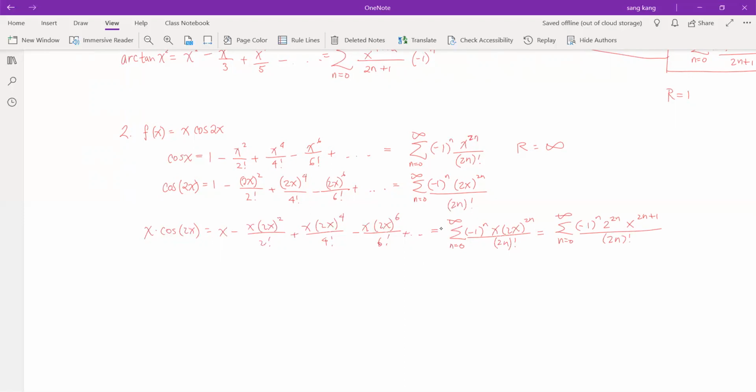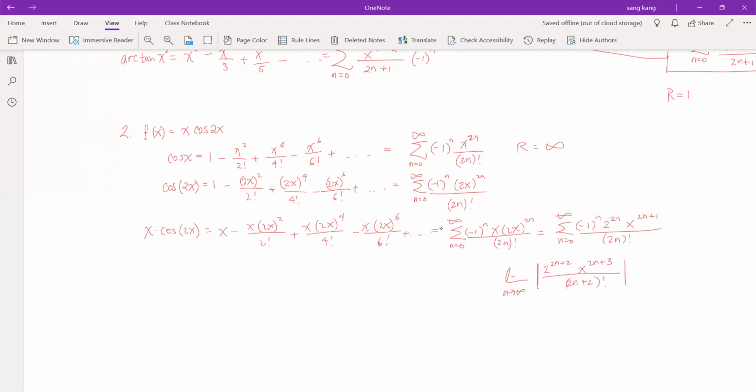Of course, find the radius of convergence. Limit as n approaches infinity of a n plus 1. So 2 to the 2n plus 2, x to the 2n plus 2 plus 1, which is 2n plus 3, over 2n plus 2 factorial.